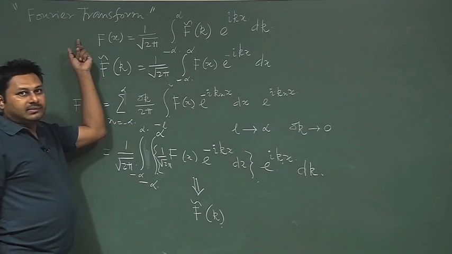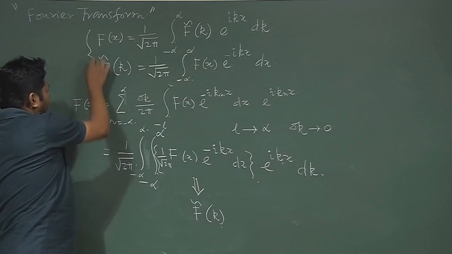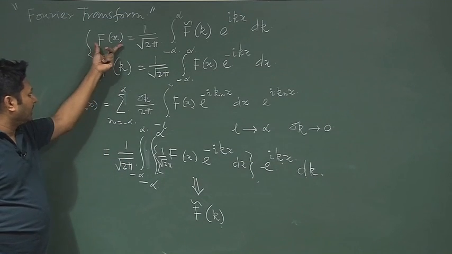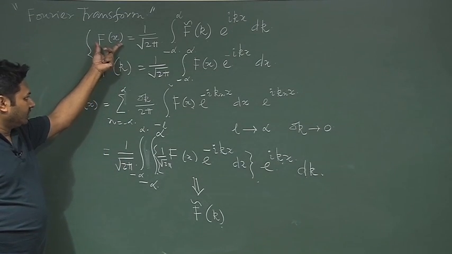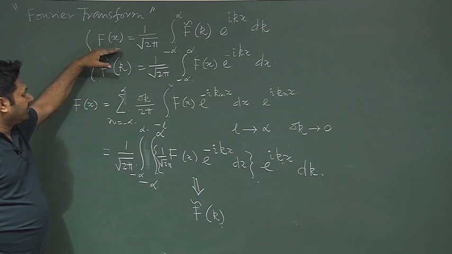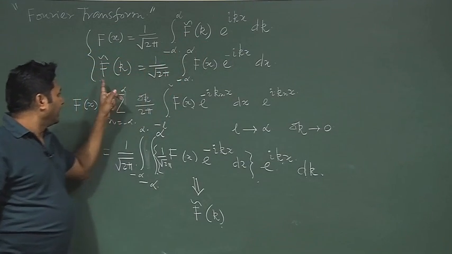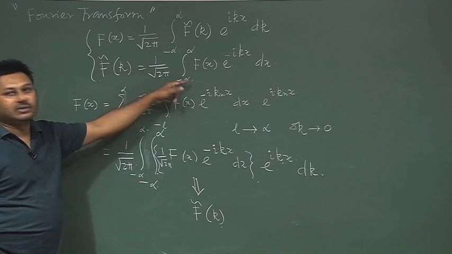So, with this we landed up at a relationship between f x and f tilde k, which are Fourier transform conjugates of each other. So, f x I can write in this way, the Fourier conjugate f tilde k I can write also in this way.